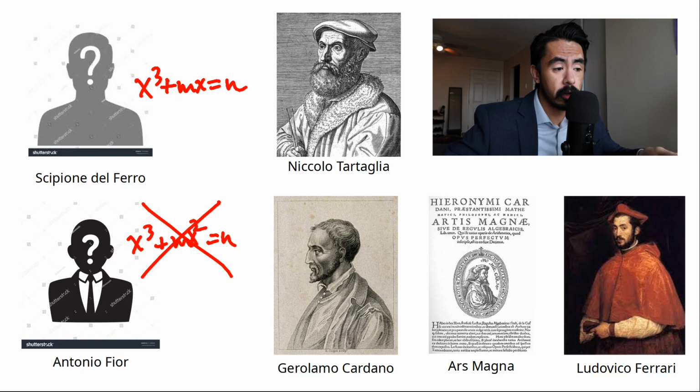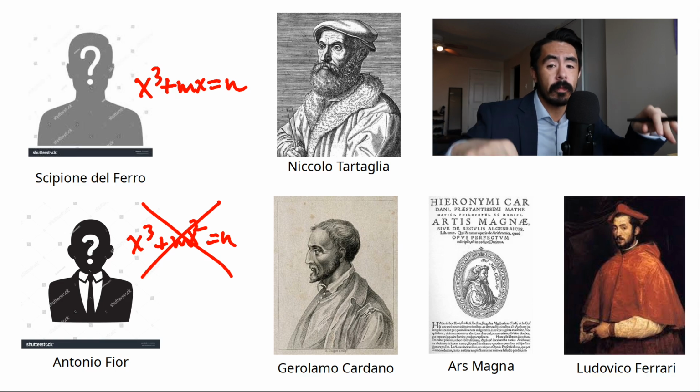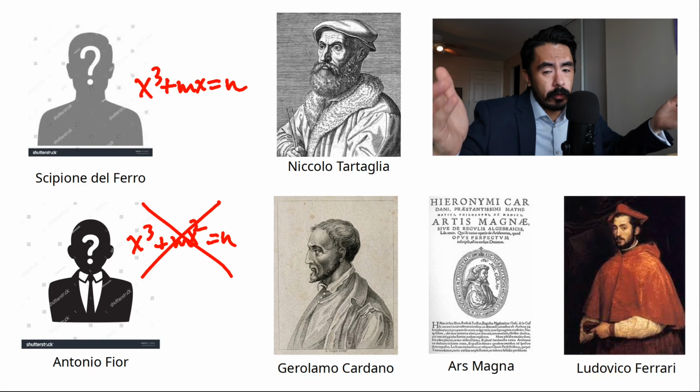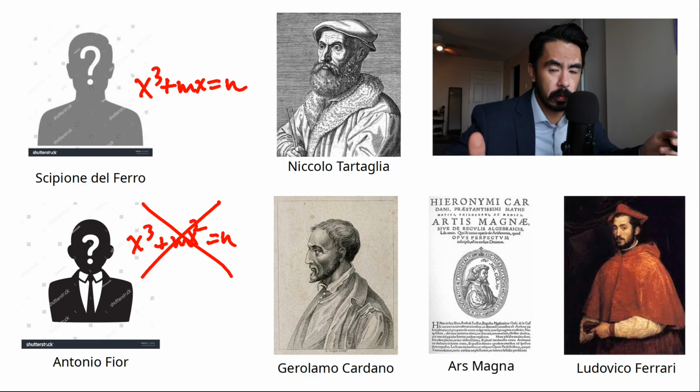And this is actually the first instance of using imaginary numbers. And so that's why we consider perhaps Cardano in Ars Magna to have discovered complex numbers at all. He didn't flesh out or give a physical intuition explanation or anything like that, but it started there.